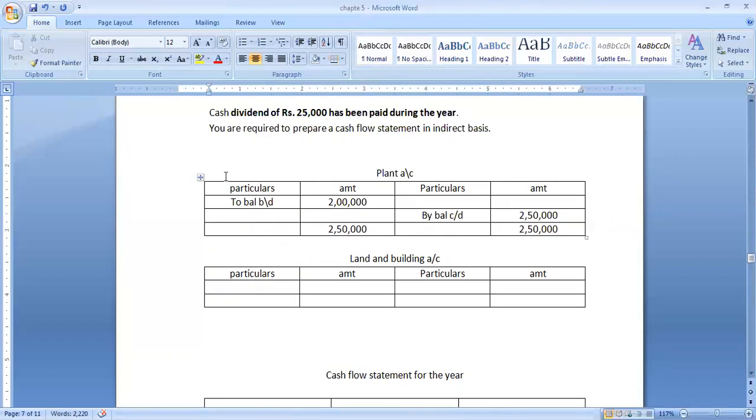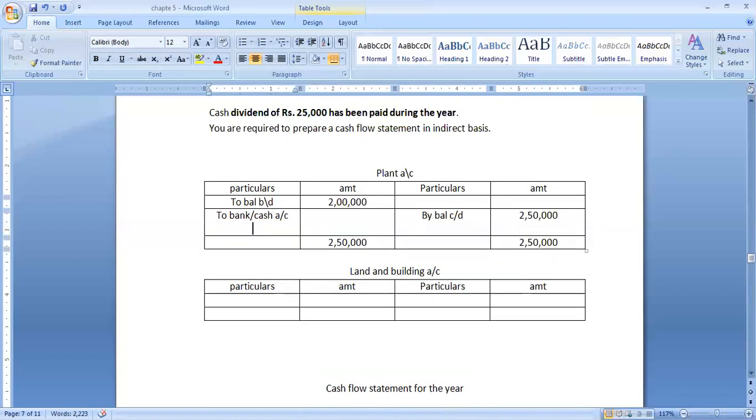On the debit side. If it is on the debit side, it indicates the purchase. So make it as 'To bank or cash account'. Don't write directly the purchase or the sale. So which indicates purchases. That is the balancing figure value.